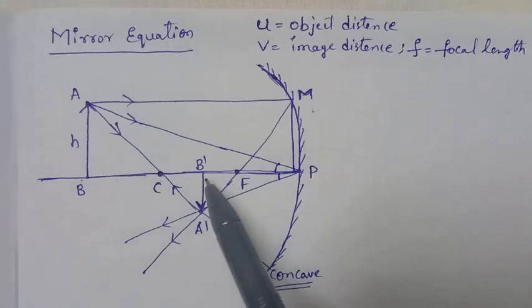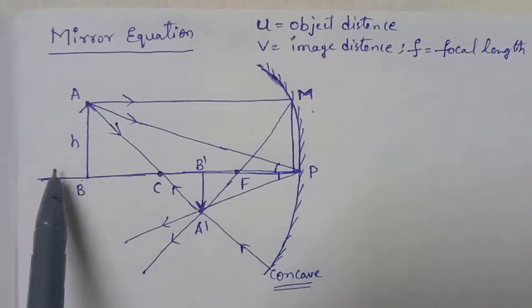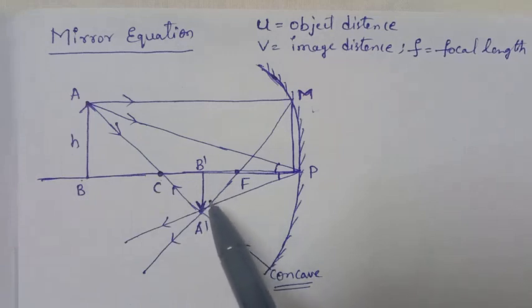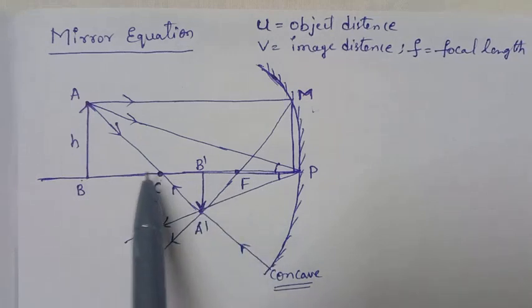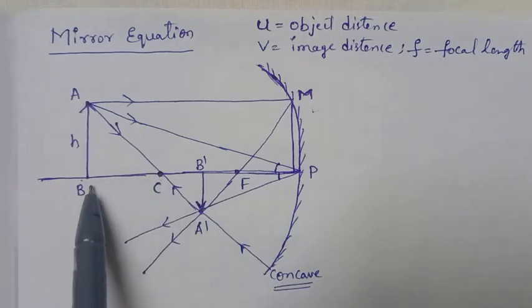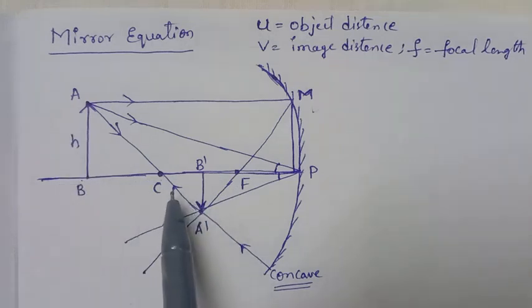But this image is inverted. Here you have to take the object beyond C, the center of curvature, and we are getting the image in between the center of curvature and focus.